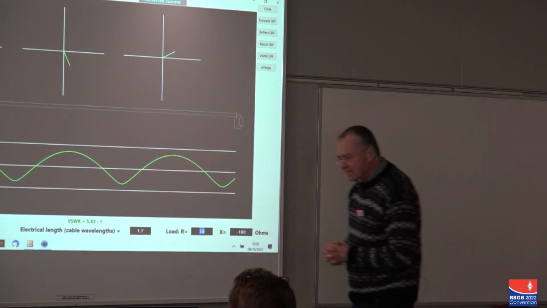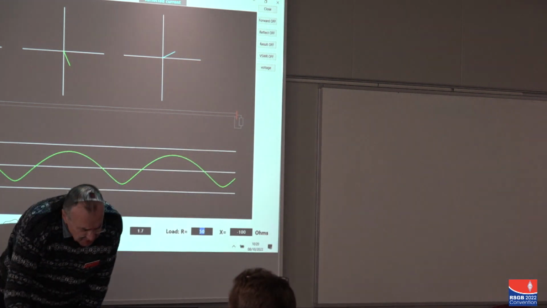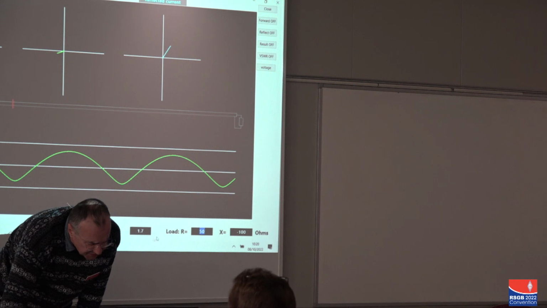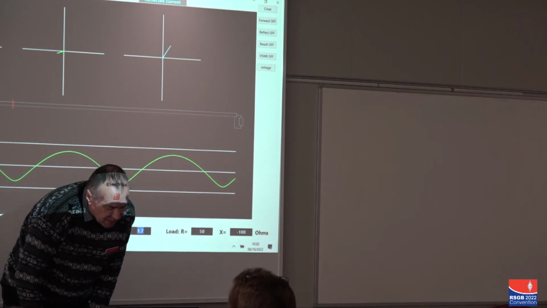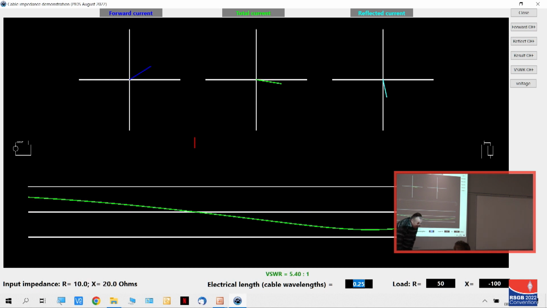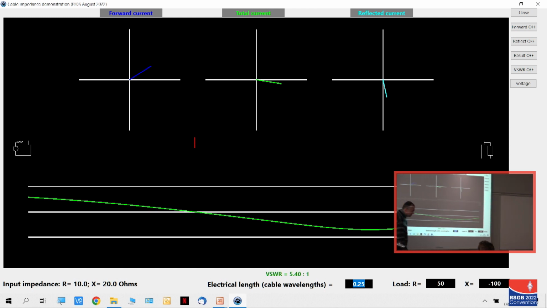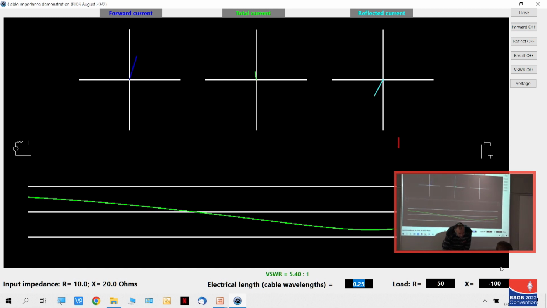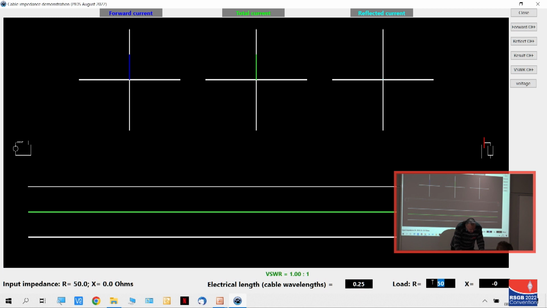There are some other interesting things. We could, for example, change the length of the cable to, say, a quarter wavelength, 0.25. That makes it quite a short cable in this case, so you've got small wiggles. But look what happens if we have a purely resistive load. So we'll put 0 in there, and we will make this 100 ohms.